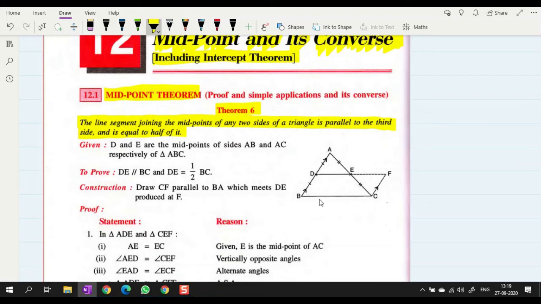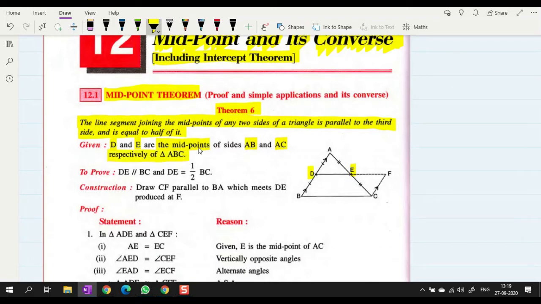Now in this triangle ABC, D and E are midpoints of AB and AC respectively. It is given. See, if you read the given, it is written here that D and E are the midpoints of AB and AC respectively of triangle ABC.